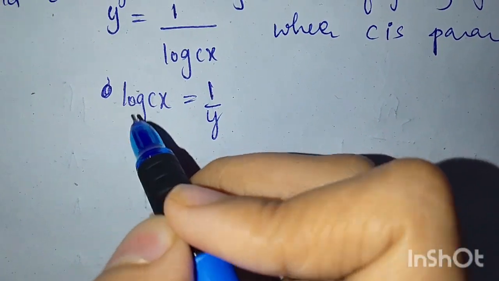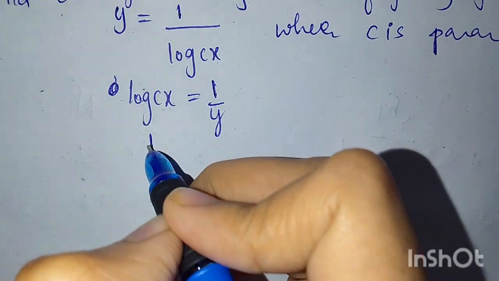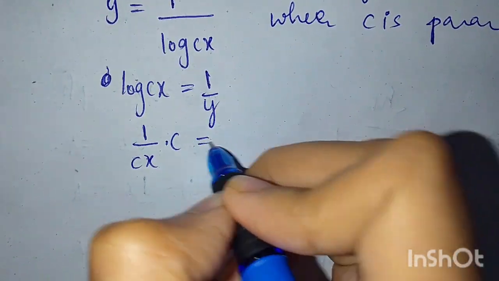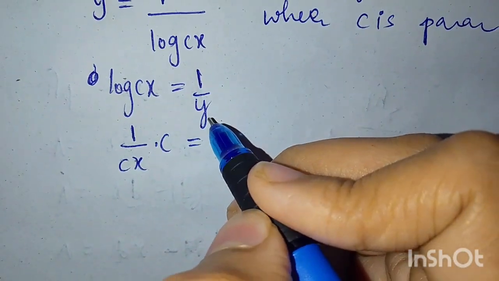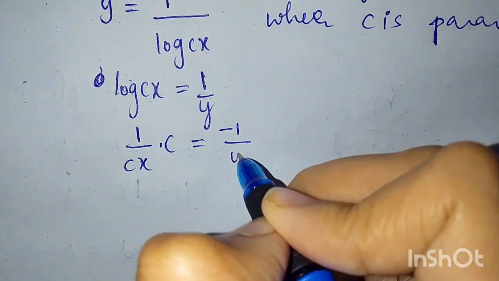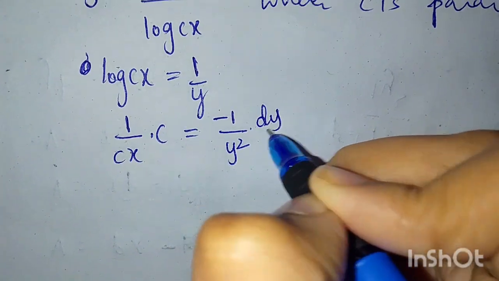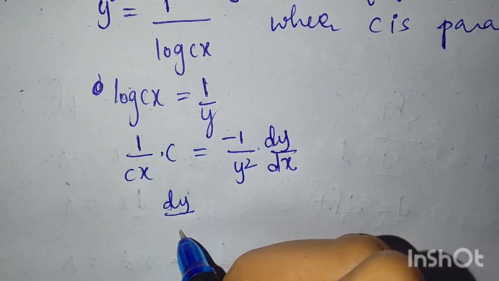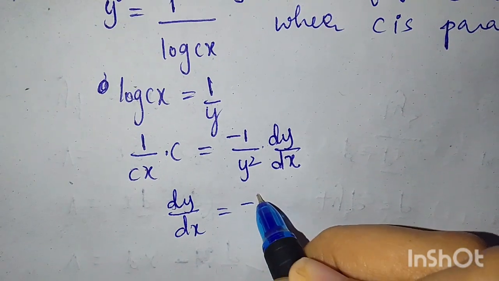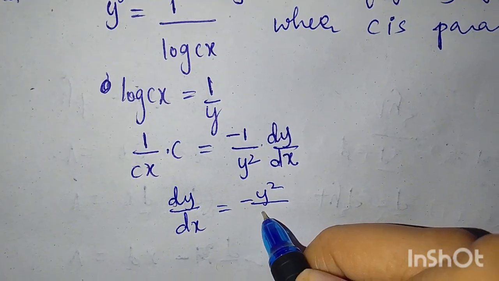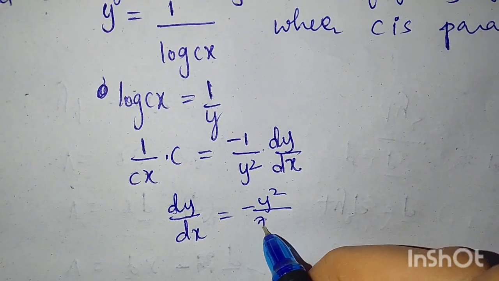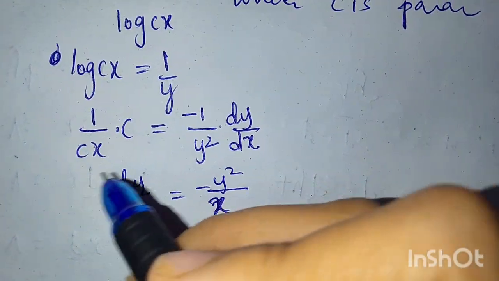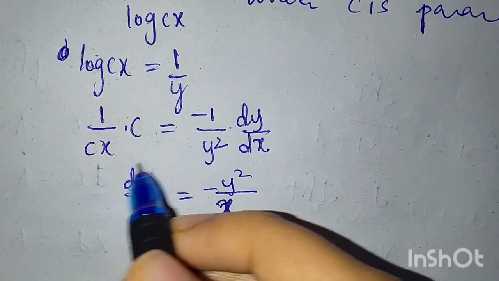What is the differentiation of log cx? 1 by cx into c is equal to the derivative of 1 by y, which is minus 1 by y square into dy by dx. So from here I can write dy by dx equals minus y square by x, since c gets cancelled. Here the constant automatically got cancelled. So we formed the differential equation.